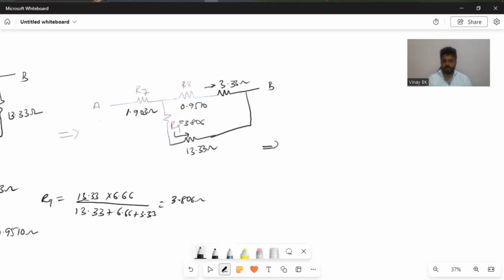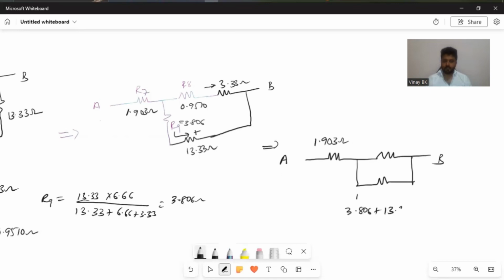So now from A, we have R7, that is 1.903 ohm, in series with a parallel combination of these two at B. Here, 3.806 plus 13.33 is 17.148.